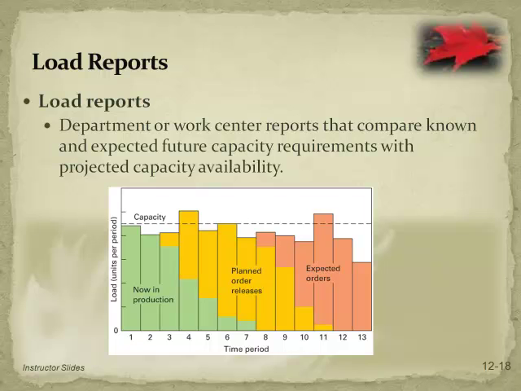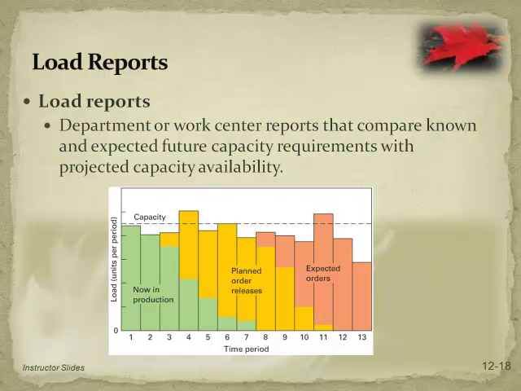We see different time buckets, and the height of each of the vertical bars represents the capacity that is required. Right now we have some work sitting in front of the machine, waiting to be worked on. Over a period of time that decays off as we work it off. Then in the yellow or gold part is some work that has not yet come to the machine.